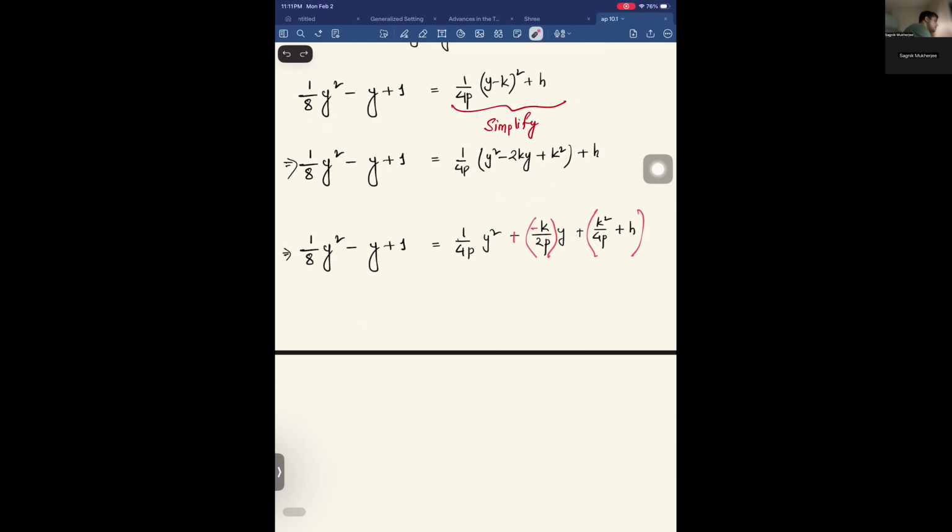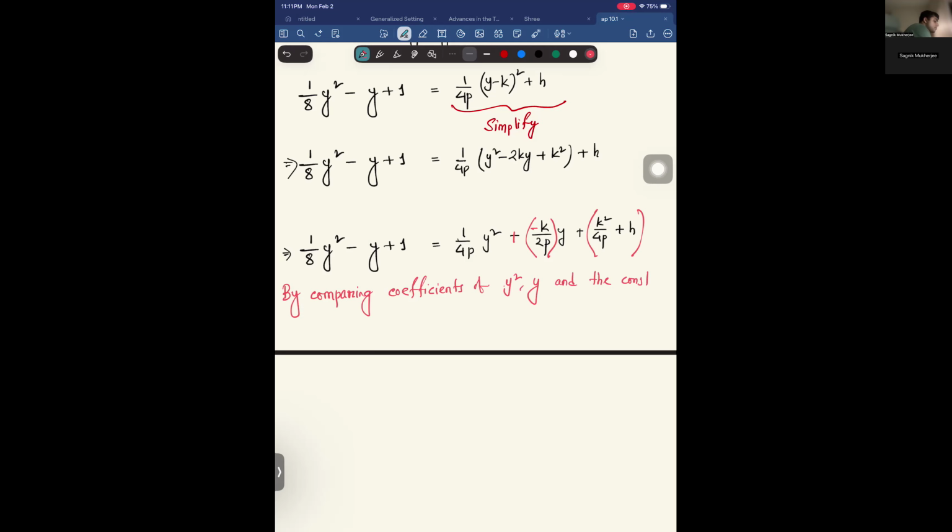If I compare the y squared terms, by comparing coefficients of y squared, y, and the constant term, what do you get?